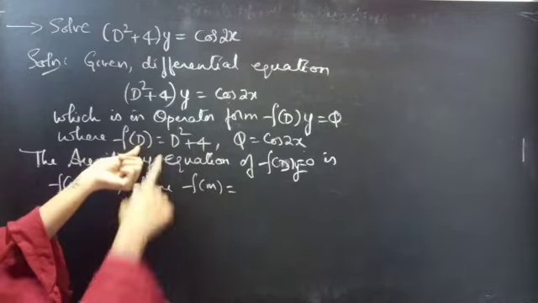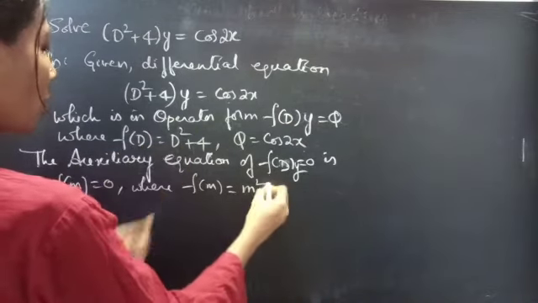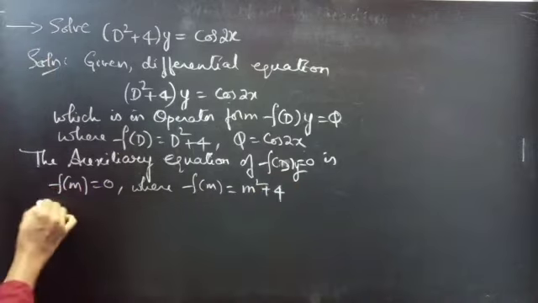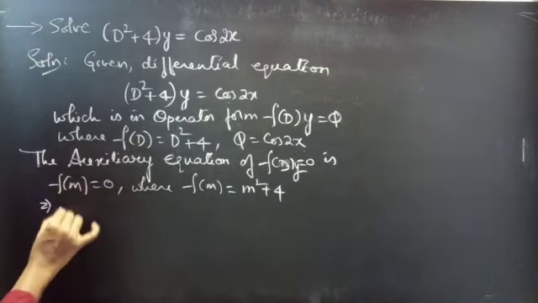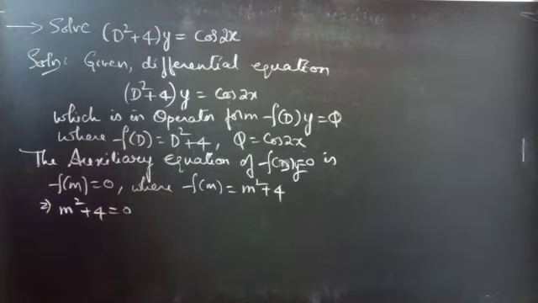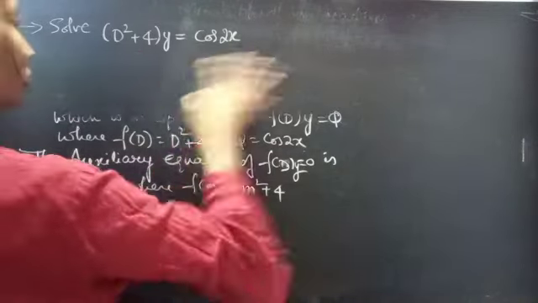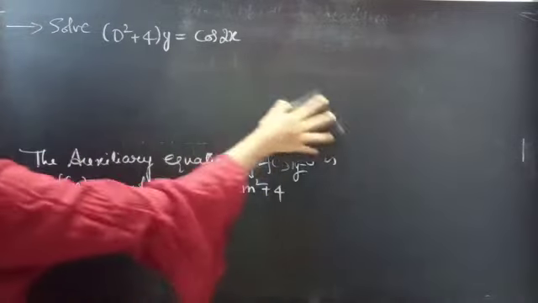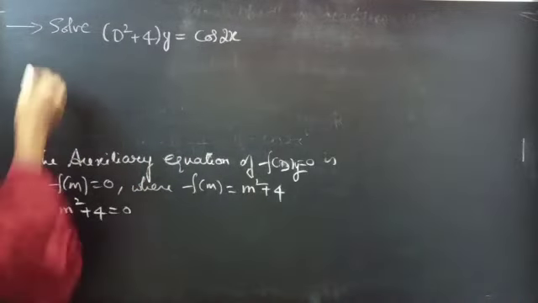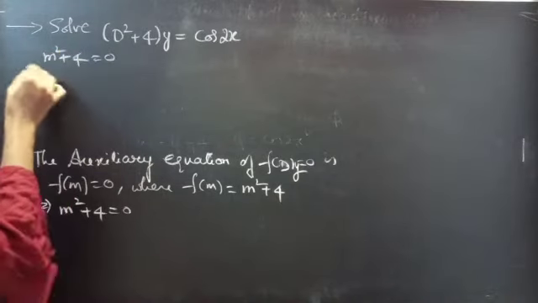Let's replace this differential operator by m, then you'll get f(m) equals m square plus 4. Then the auxiliary equation becomes m square plus 4 equals 0. Right? m square plus 4 equals 0 is our auxiliary equation.